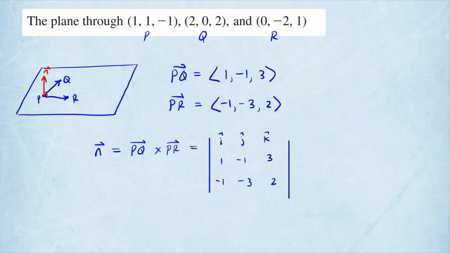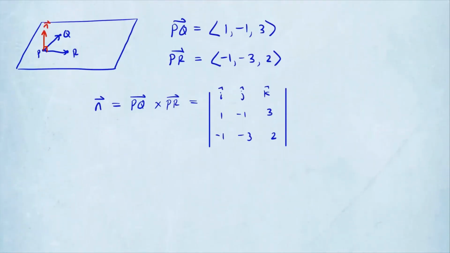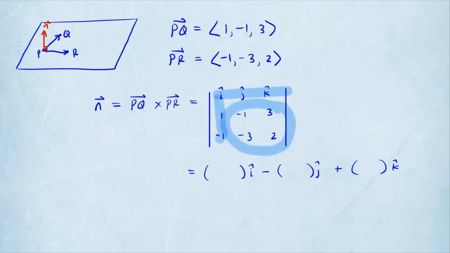Okay, so once you have your determinant matrix set up, now you're ready to find this vector. I will have a component for the i, minus the component for the j, and lastly the value in front of the k. For the i component, we cross this row and this column and find the determinant of this 2x2 matrix.